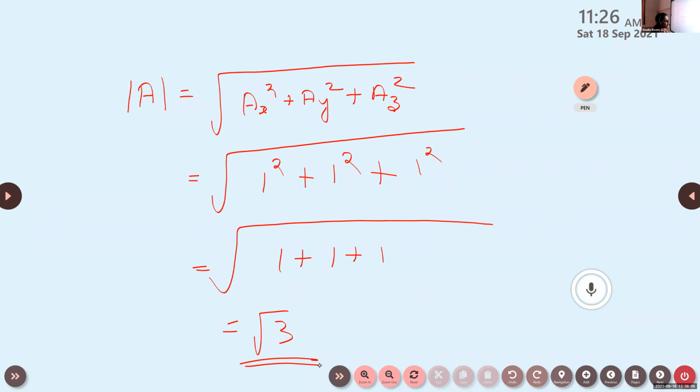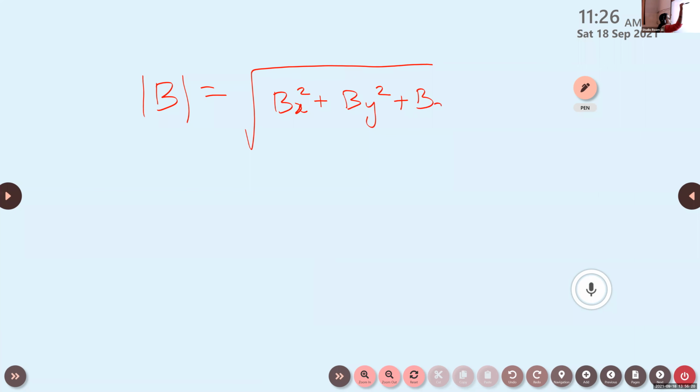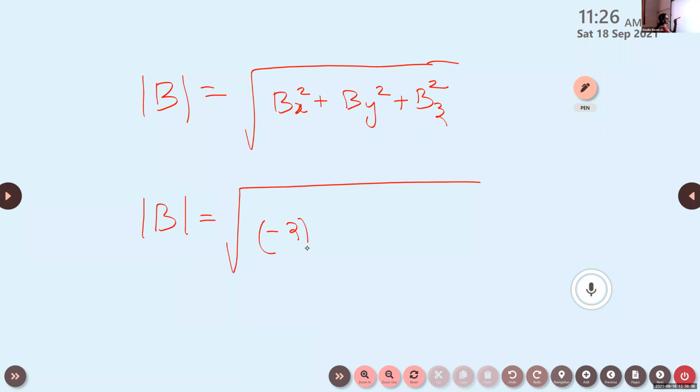Similarly, find out the magnitude of vector B. The magnitude of vector B is equal to root of bx square plus by square plus bz square. That is, the magnitude of vector B is equal to the square root of the component along the x direction in vector B, minus 2 the whole square, plus minus 2 the whole square, plus minus 2 the whole square.